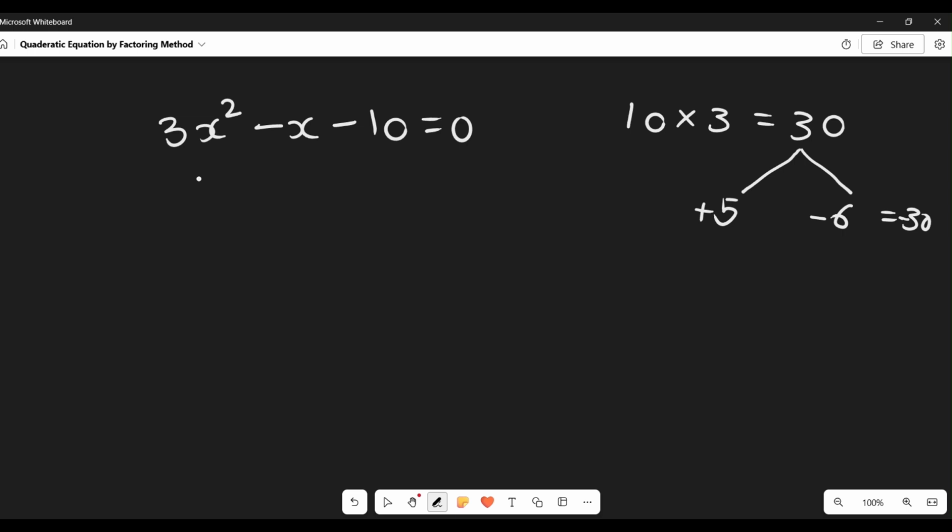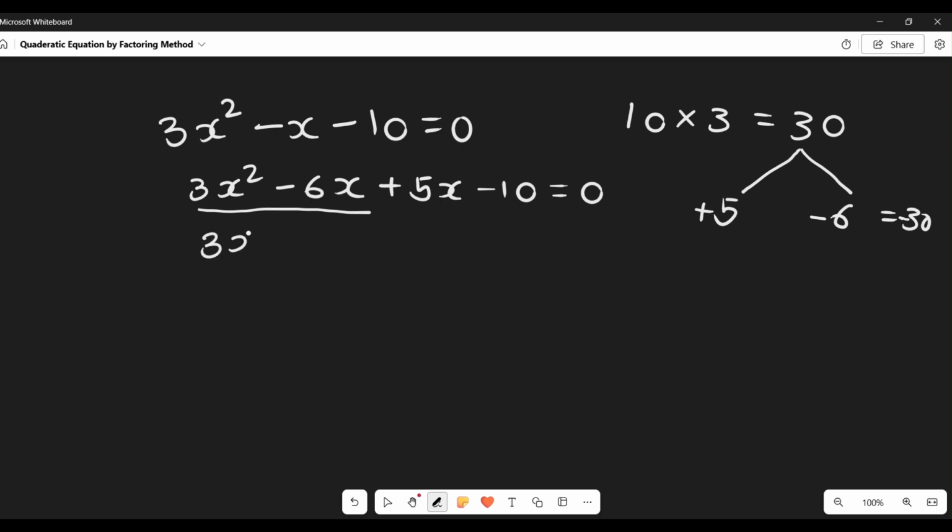So we can write this way 3x² − 6x + 5x − 10 = 0. So from this term we can take out the common 3x, so remaining will be x − 2. From this part we can take out +5, so it will be x − 2.